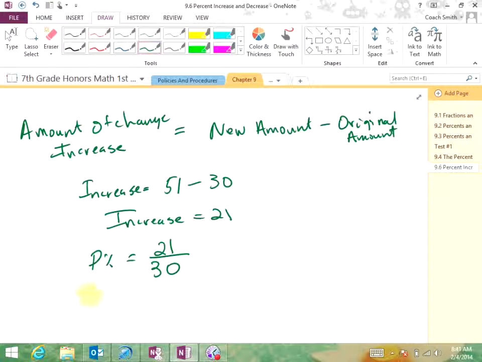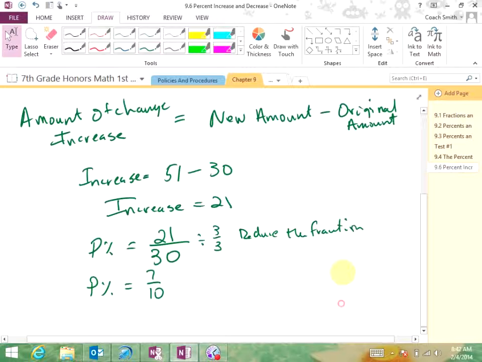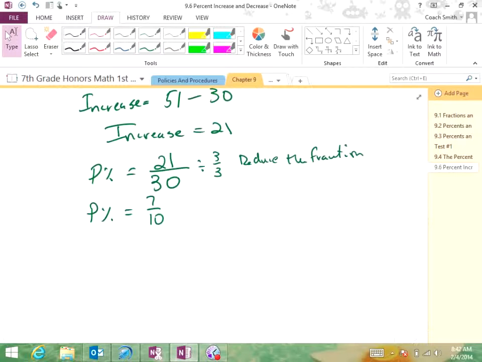What's it reduce by? By 3. So what does that put on top? 7, and what on bottom? 10. So we divided the top and bottom by 3 to reduce the fraction. Okay, well 7 over 10 is not a percent. It's a fraction. So we got to change that fraction to a percent.